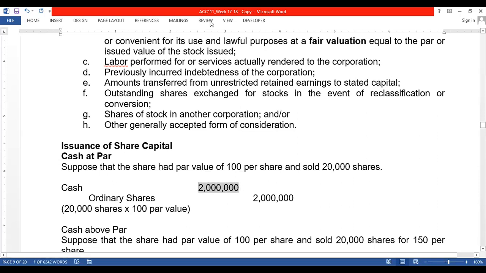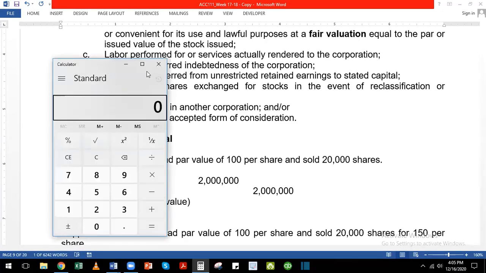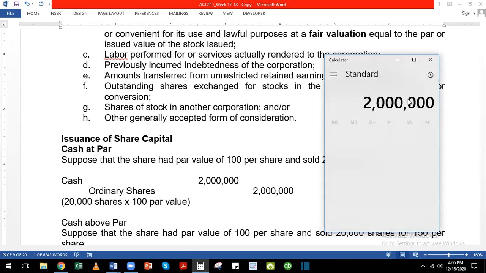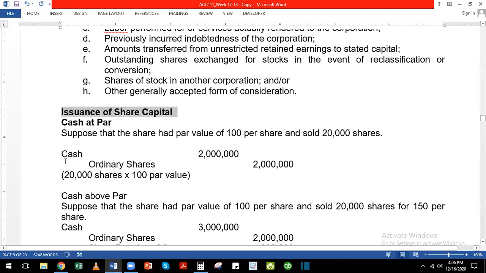So let's check sa ang cute na calculator. So usually diri guys sa corporation discussion, first discussion pa lang niya, ang katong mga journal entries. So like for example this one, 20,000 shares multiplied by 100, so nasa 2 million as the amount to debit cash and credit ordinary shares. So the entry here, pag naay issuance of share capital, you debit cash.